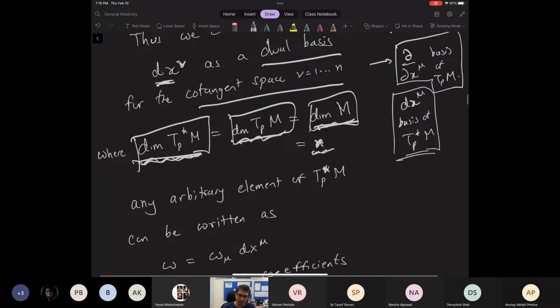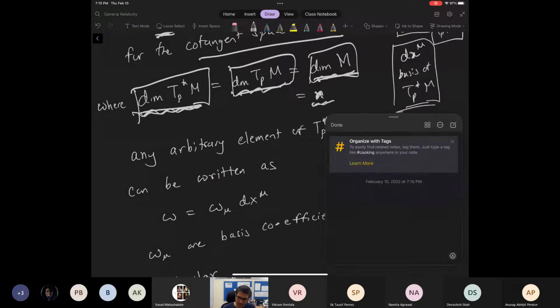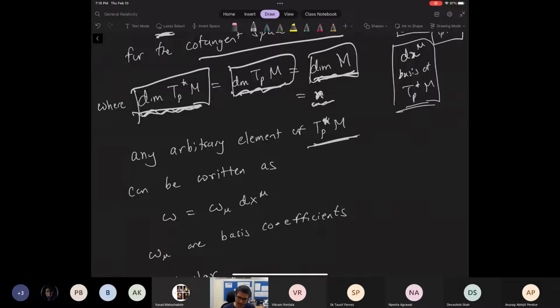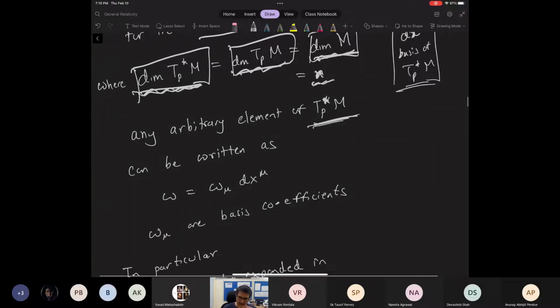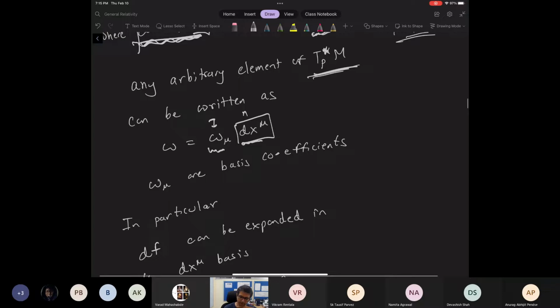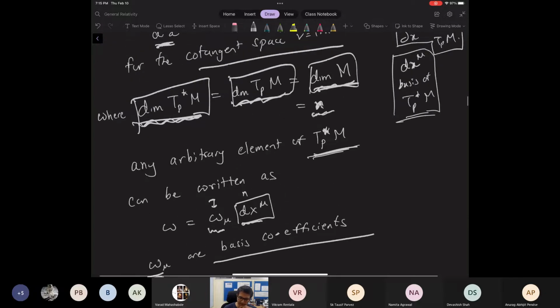So any arbitrary element of T_P star M, that is any element of the dual vector space, can therefore be written in terms of this dual basis, using some coefficients times the basis vectors. Once you have a set of basis vectors, I have n basis vectors and I have n coefficients over here, so there's an implicit summation over mu included. And these omega mu are basis coefficients. The placement of the indices is very important.